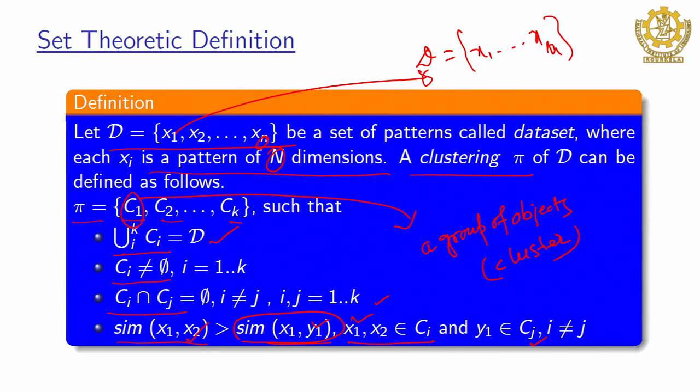This is the set theoretic definition. In summary, you are given the data set, and you have to make groups in such a way that objects within a group are much more similar than objects across groups. This is the summary of the clustering definition.